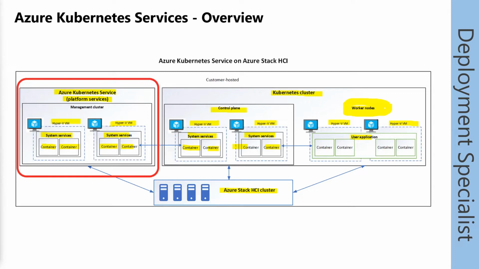So the Kubernetes cluster is customer hosted. We can provide the services on premises. This is great when we want to optimize latency, when we want to access locally stored databases and things like this.